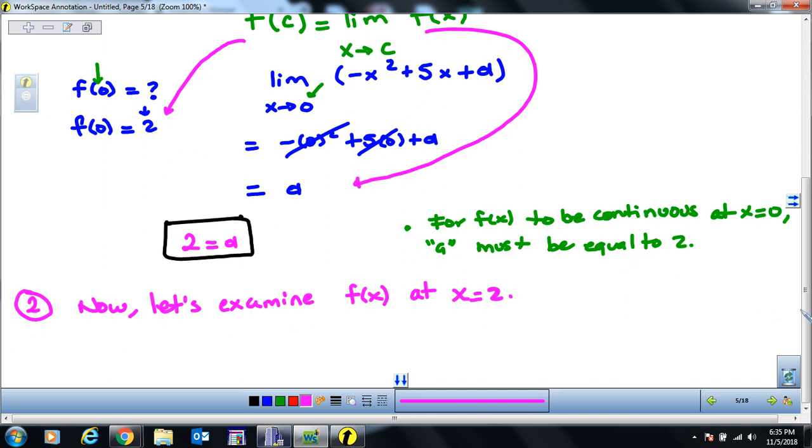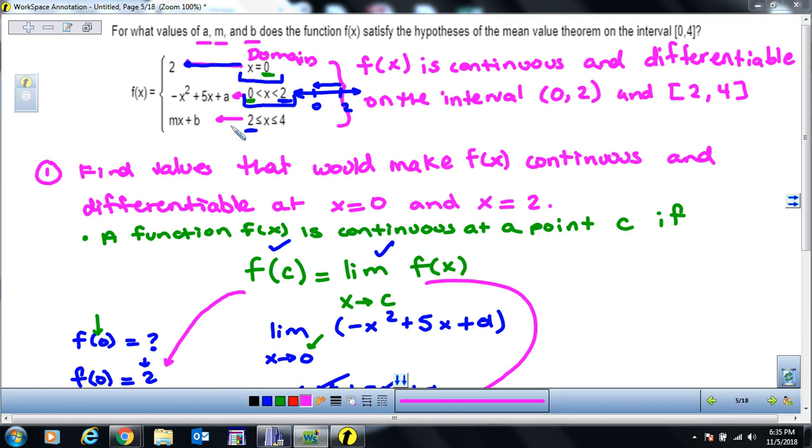At x equals 2, on the third equation, because you have an equal sign there, mx plus b is the equation you would be using to evaluate. But on the middle domain, on the second equation, the domain says from 0 to 2, it's just that 2 is not defined. So that is the discrepancy right there: the 2 being on both intervals, but defined in one equation and not defined at 2 in the other.